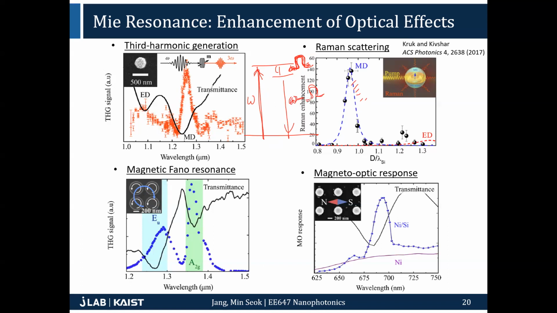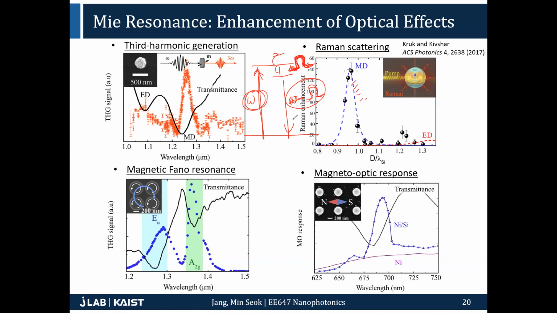There's a small chance that you have omega plus capital omega, but it's less likely. By measuring the difference between the input and output wave frequency, you can identify the characteristic vibrational modes of the material, and that's called Raman scattering.